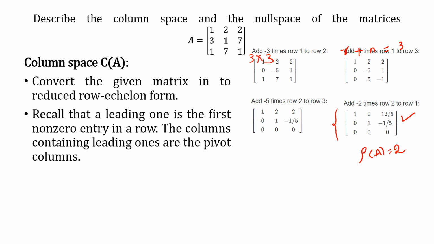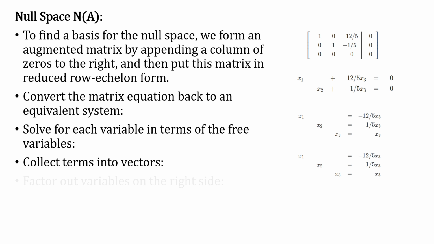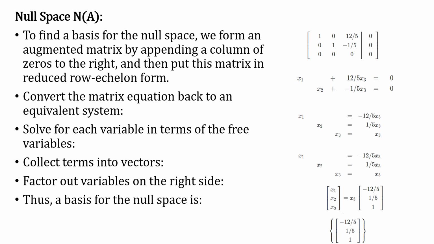Then obviously the nullity of the given matrix is 1, because 2 plus 1 should equal 3. We calculated the null space; this is the procedure. Finally, the nullity of the given matrix is 1 and the rank of the matrix is 2. The number of columns of the given matrix is 3, and 2 plus 1 equals 3 here.